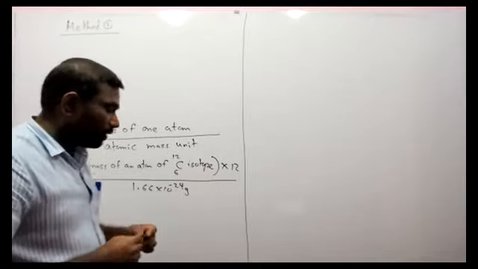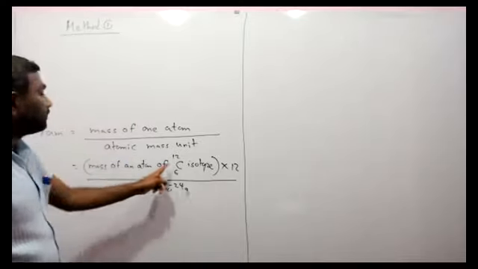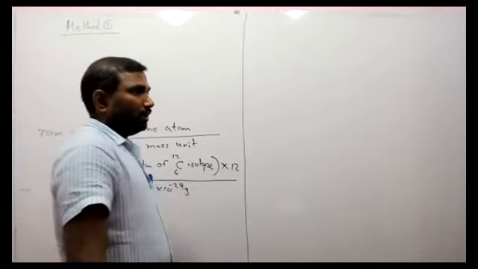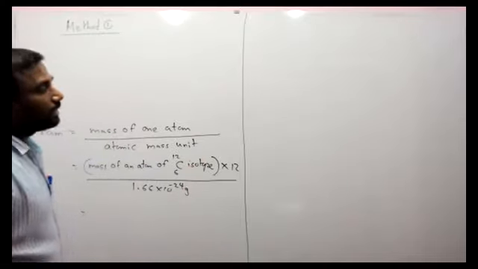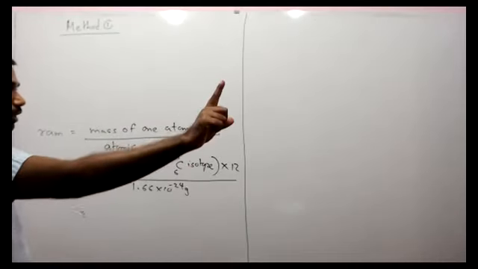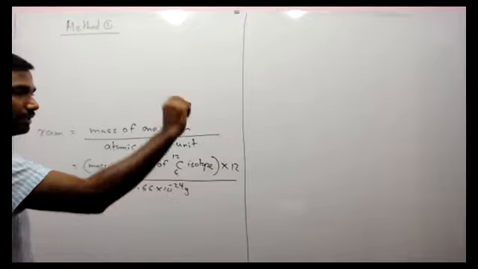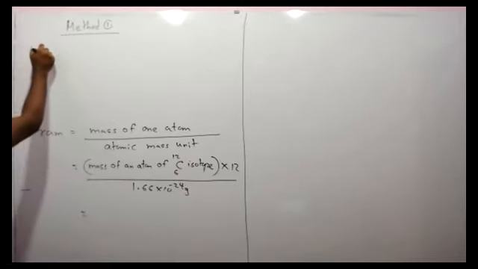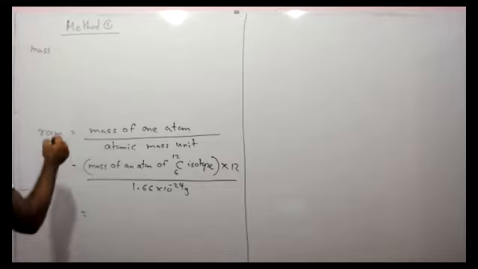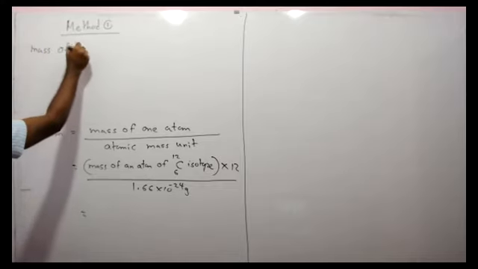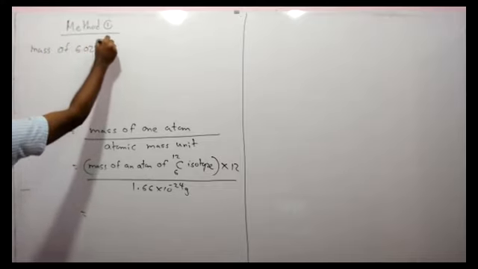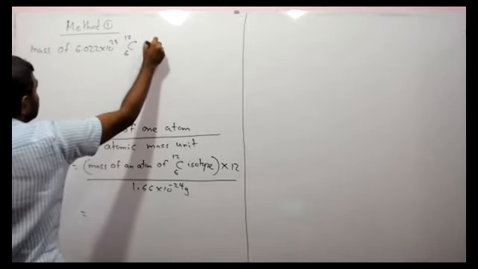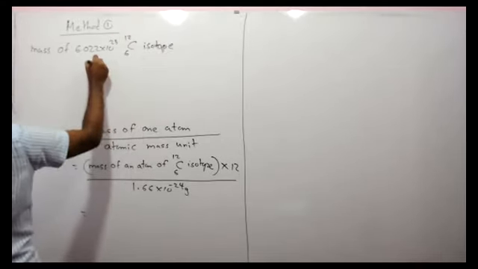You have to calculate the mass of one atom of carbon-12 isotope. Now you have to think how to calculate the mass of one atom of carbon-12 isotope. If you are listening carefully, directly it will come into your mind. I have a mass of 6.022 into 10 to the power 23 carbon-12 isotope atoms.